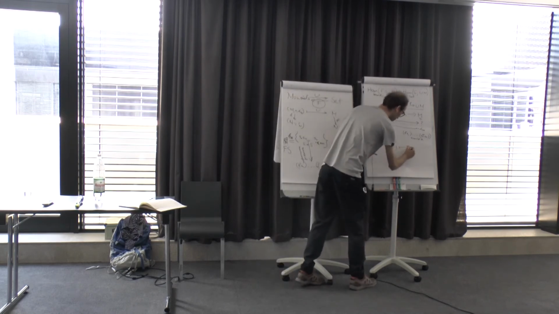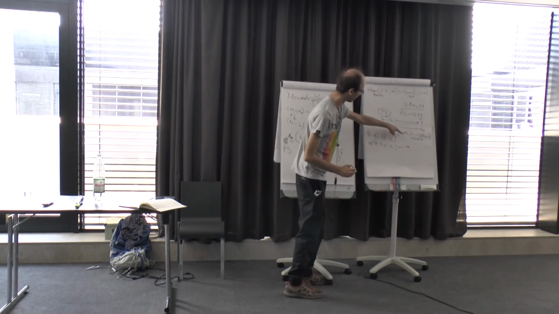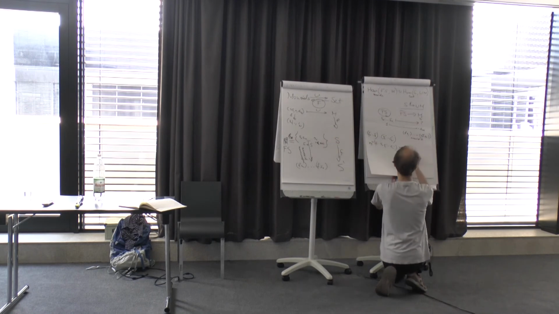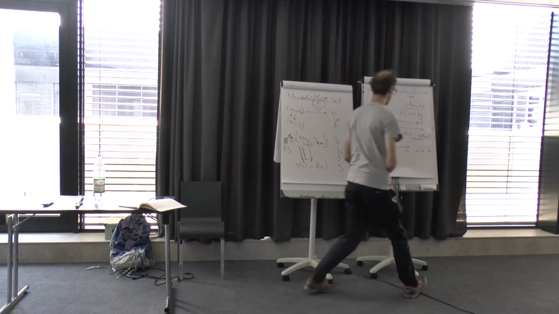And this is mapped to F of S1 times F of Sn, F of S1 prime, F of Sn prime prime.